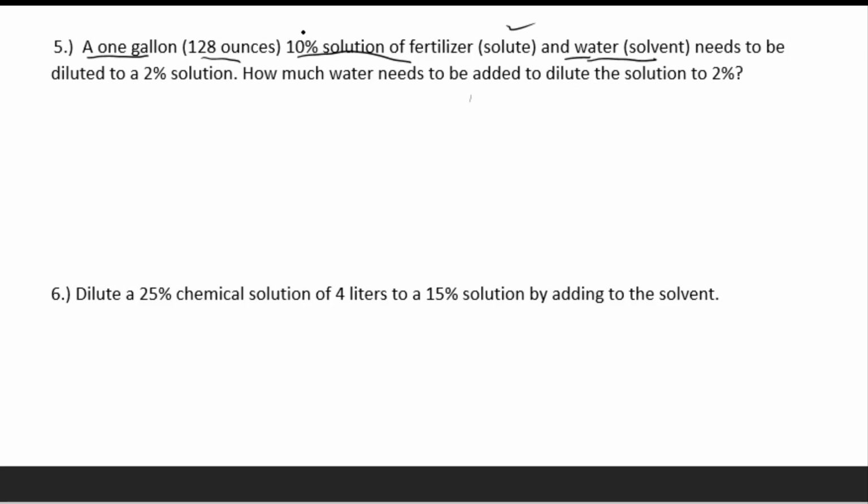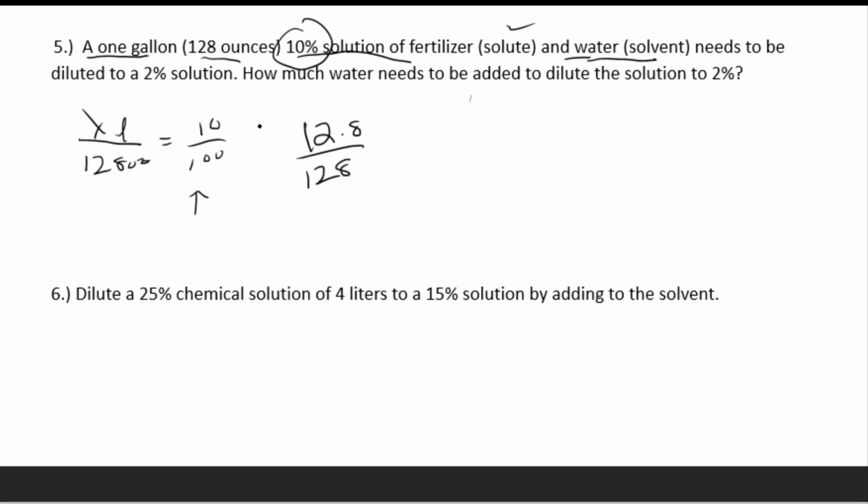So if it's a 10% solution and you have 128 ounces of water, it's 10%, meaning 10 over 100. How much fertilizer? Cross multiply and divide, and you're going to get this. Make sure you can do that. And understand what I'm doing here, right?